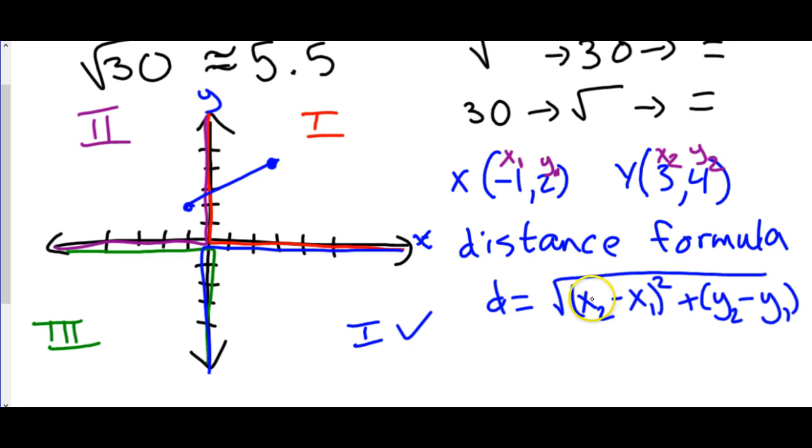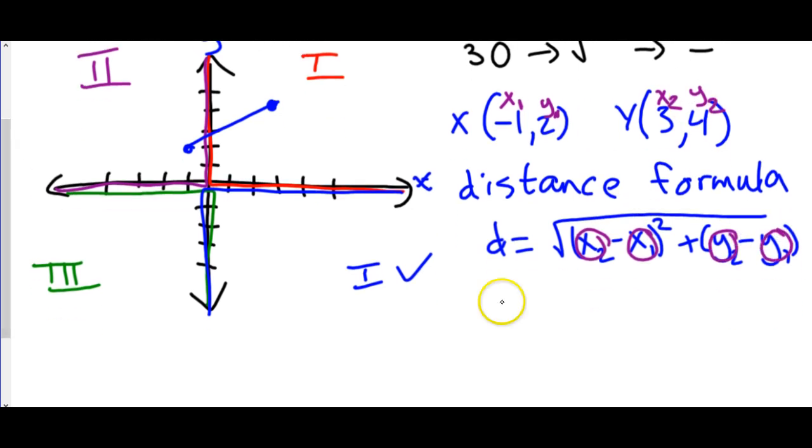So now we're going to replace every single variable with the number that it's associated with. According to the formula, we still have the square root symbol. x2, we still have a parentheses. x2 was 3.